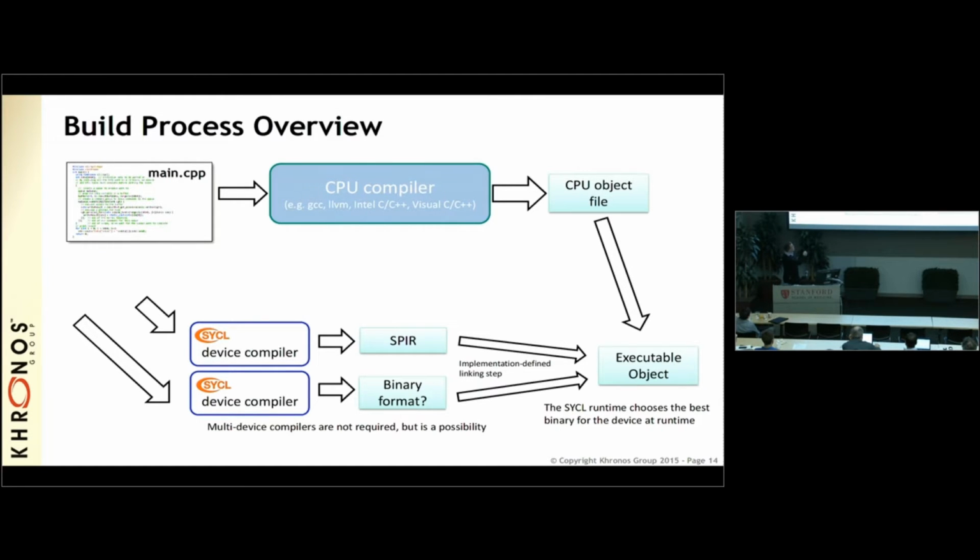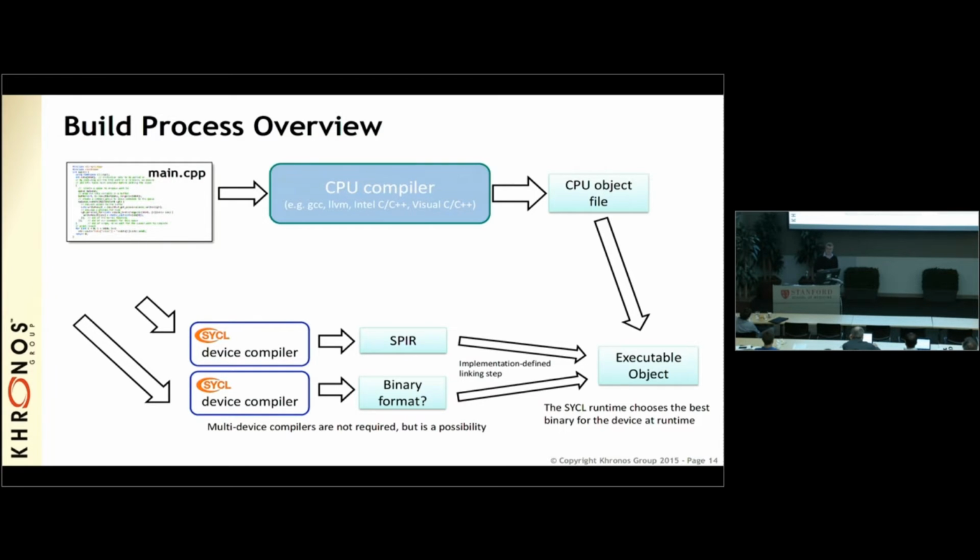We also can run this through one or more device compilers. Now, the device compilers go over the code, identify the device kernels, generate appropriate underlying code for, say, the SPIR intermediate language that runs through OpenCL, generate the binary objects for that, and then there's an implementation-defined linking step.